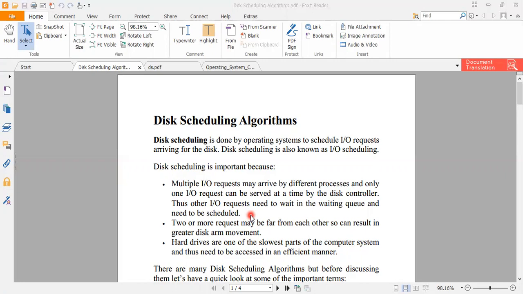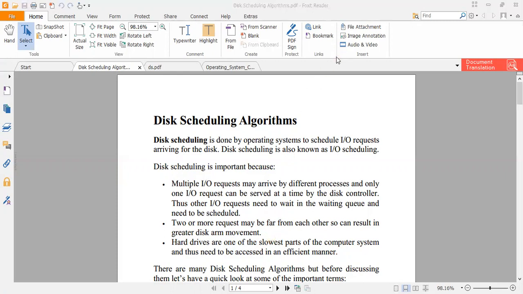On the basis of that, the operating system decides which I/O request it has to serve next. Two or more requests may be far from each other, which can result in greater disk arm movement.